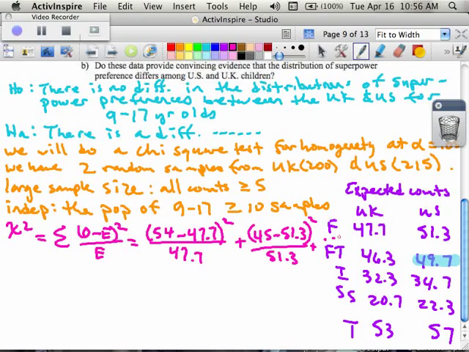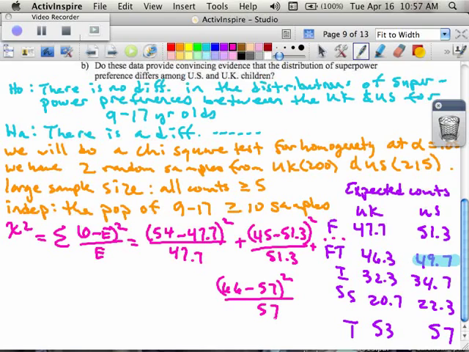And then maybe go dot, dot, dot. Show the last one in the pattern, which I think I get as, what's the last one on the table? 66? 66 minus 57, thank you, 57 squared all over 57. So that's your total for your chi-square.